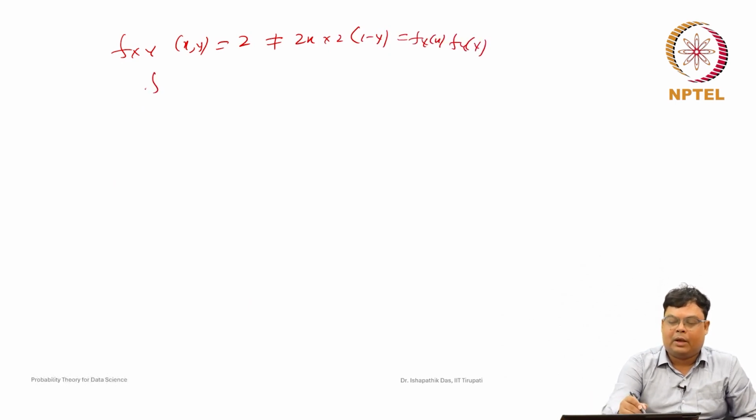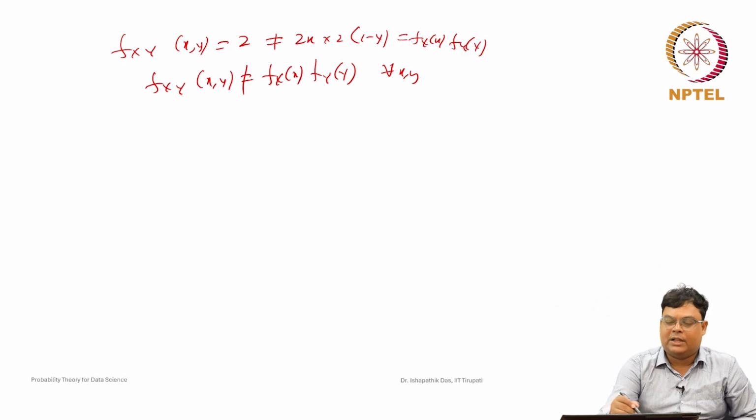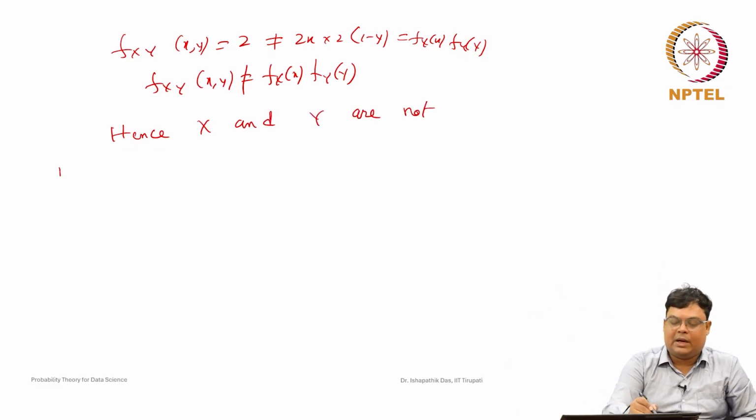So, basically we find that f(x,y) is not equal to f_X(x) f_Y(y) for all x, y. For particular values of x, y it may be equal, but that does not make them independent. Hence, x and y are not independent random variables.